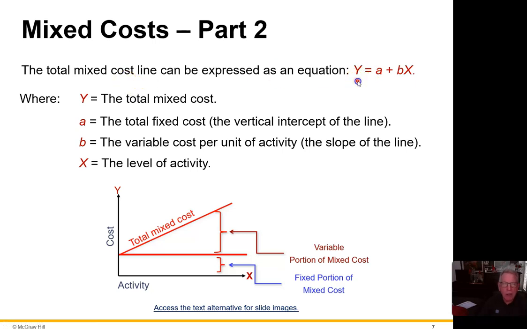It's expressed as follows. The total mixed cost, that's y, is equal to the total fixed cost plus the variable cost per unit of activity times the level of activity. And the graph would look like this.